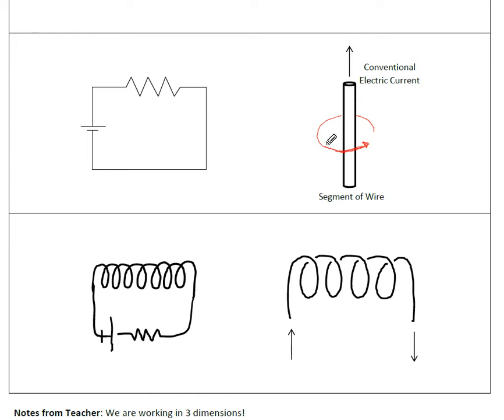Again, it works the same if I'm using electron flow. If I know a conventional current is up, that means that the actual flow, the electrons, are traveling downwards. So this is electron flow. If we're using electron flow, we have to use our left hand. So my left hand thumb would point down, and my fingers would, as a result, wrap around.